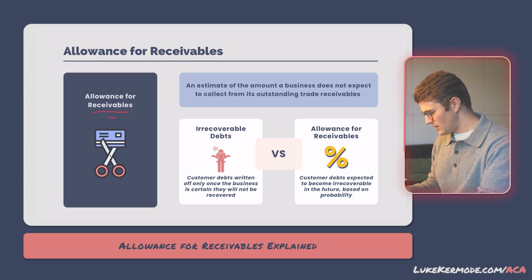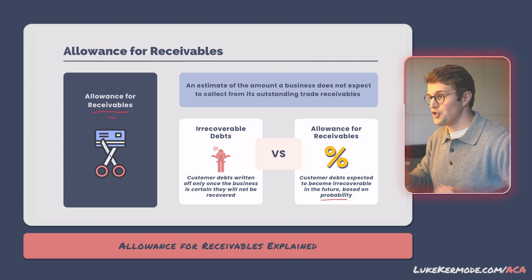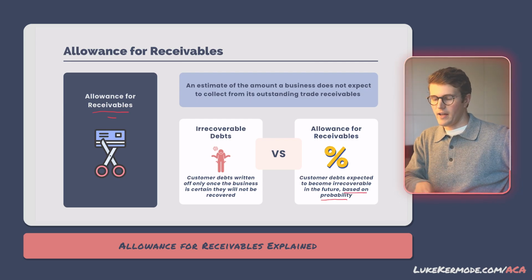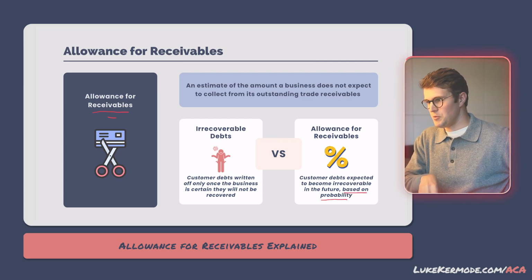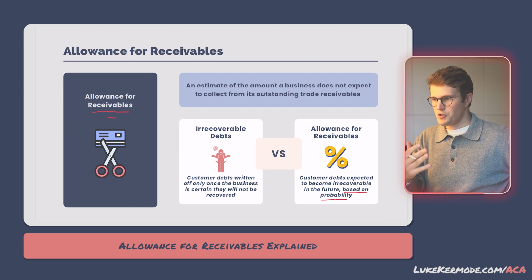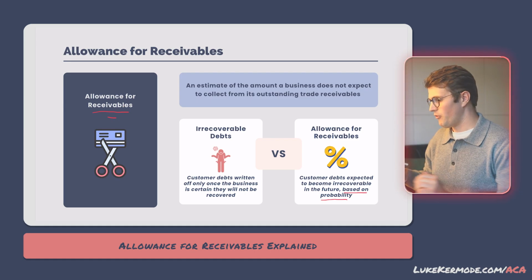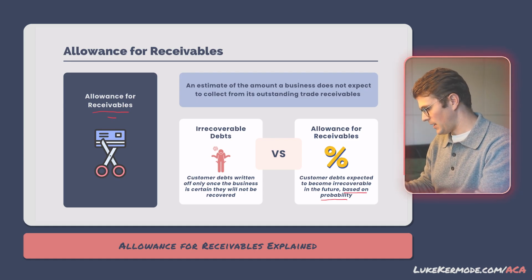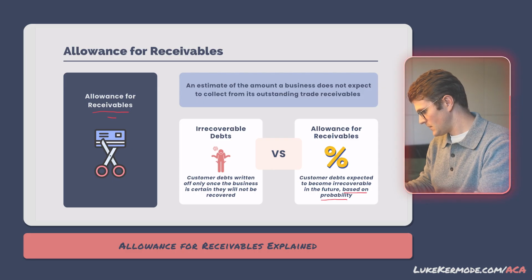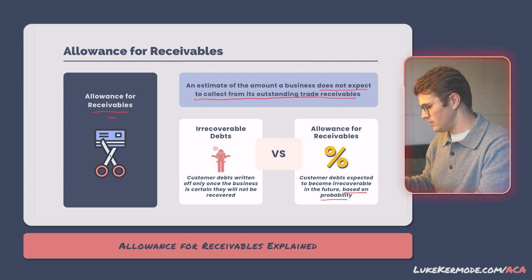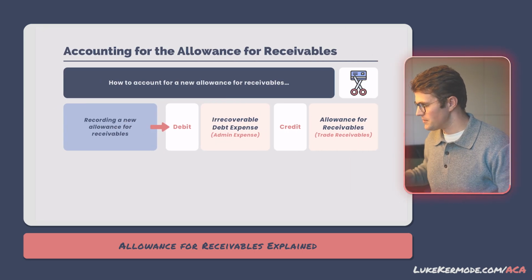It's important to understand that the allowance is a judgment-based figure, so unlike irrecoverable debts, which are specific and objectively written off, an allowance for receivables is more subjective and is anticipating likely future losses before they actually take place. So it's more about expectation. So we're recording losses before they actually take place.